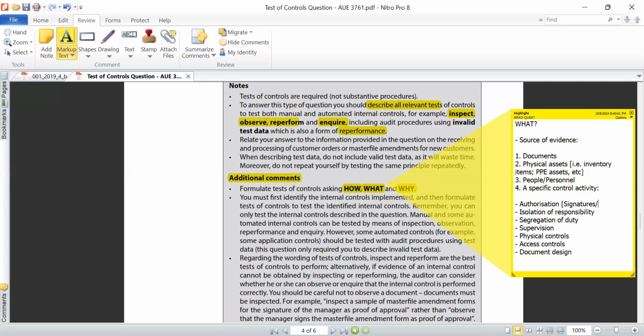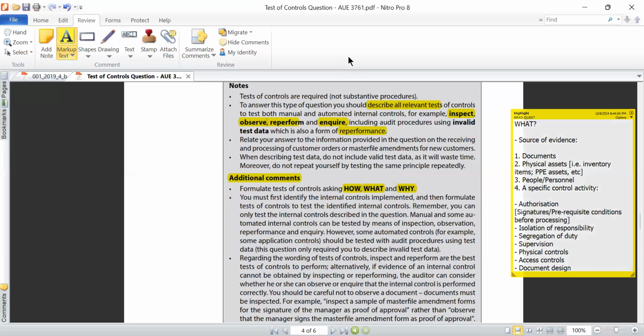In a computerized environment, if there are prerequisite conditions that should be satisfied before a system could process further, it implies there are authorization controls embedded within the computer system.